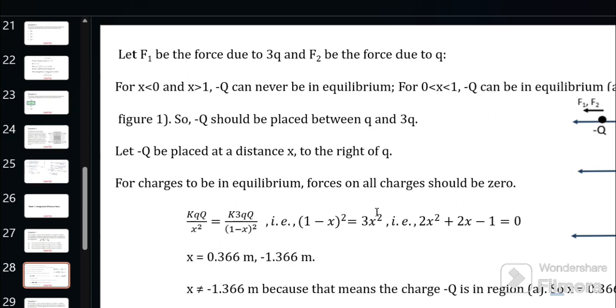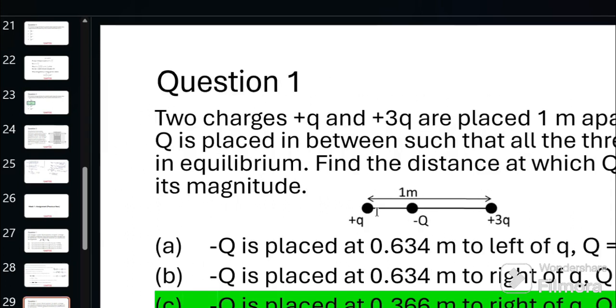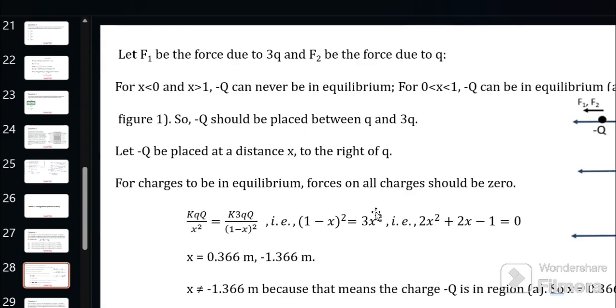So we have to eliminate the second option and we get the first option, that is 0.336. So this is the location of the charge, and to find the force we just put it in the equation and we get the charge.